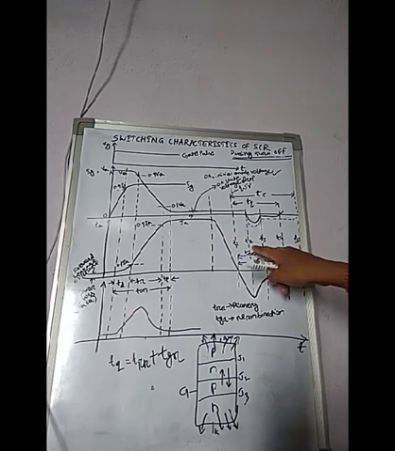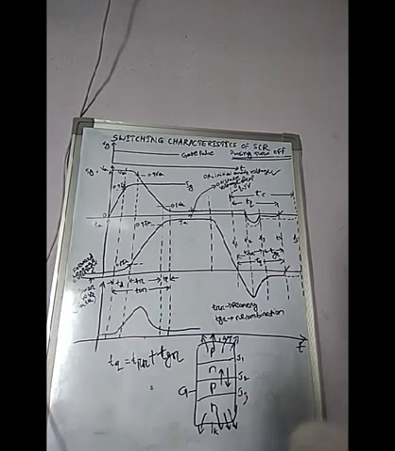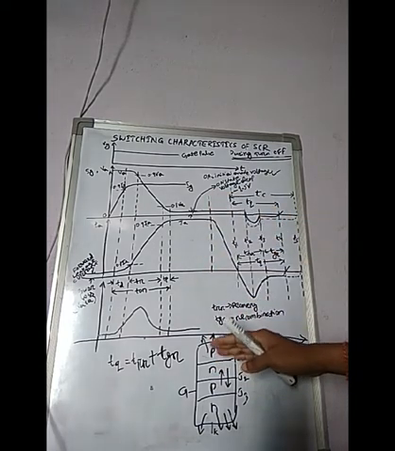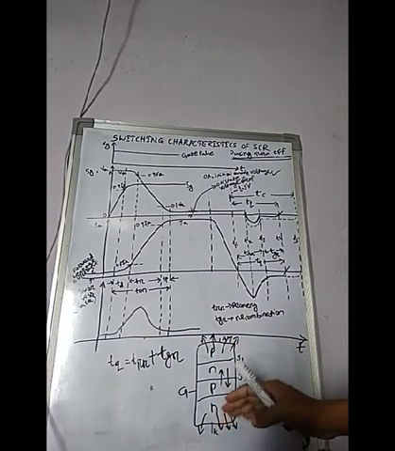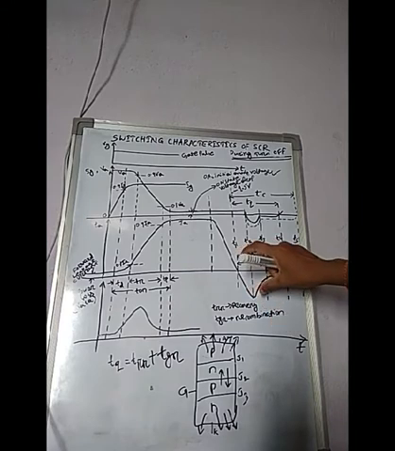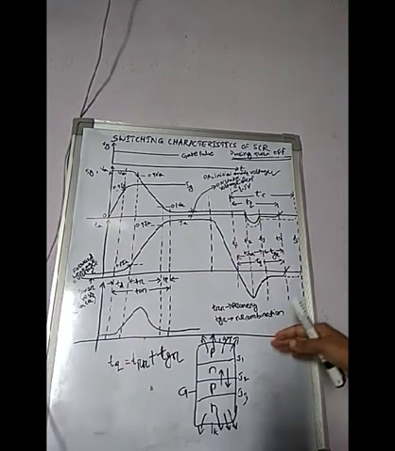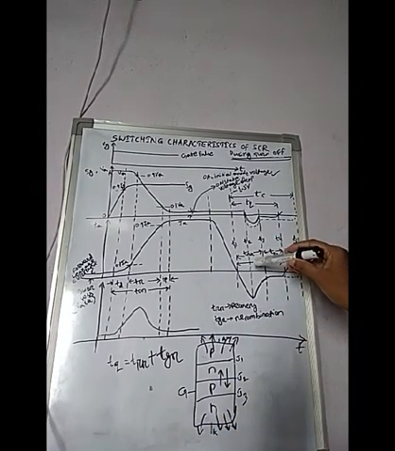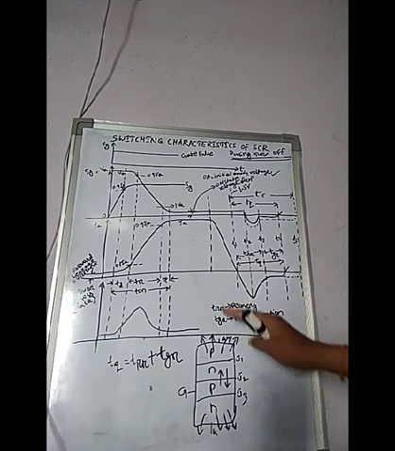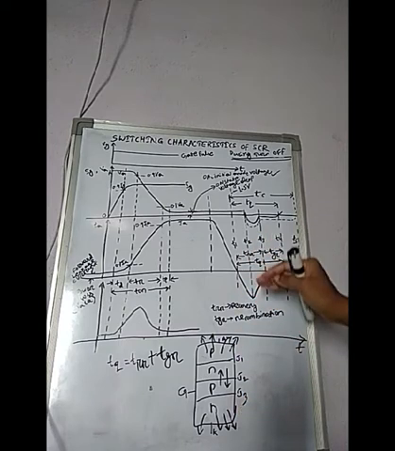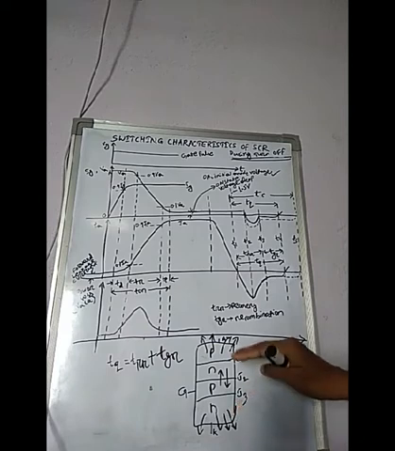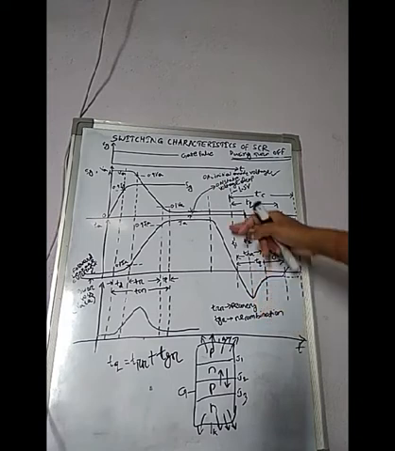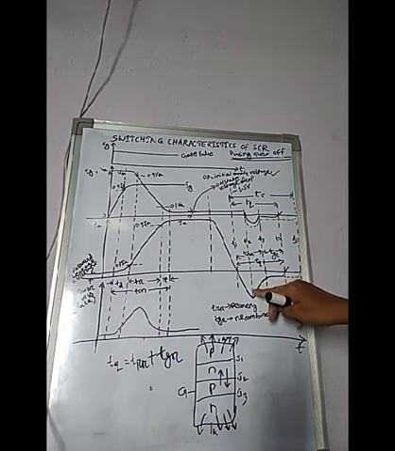So at instant T2, when about 60% of the stored charge is removed from the outer two layers, the carrier density across J1 and J3 begins to decrease, and the reverse recovery current starts decaying.